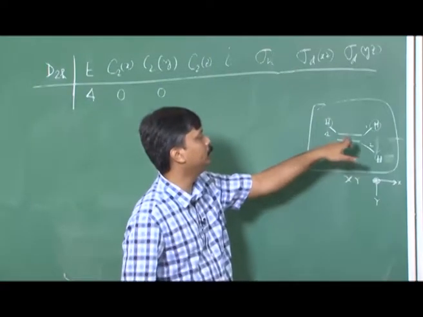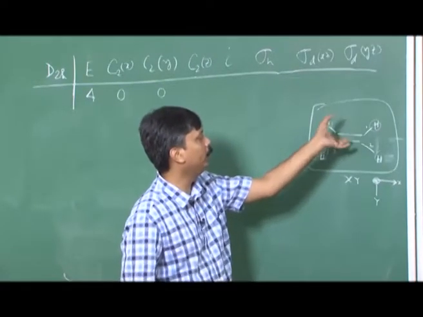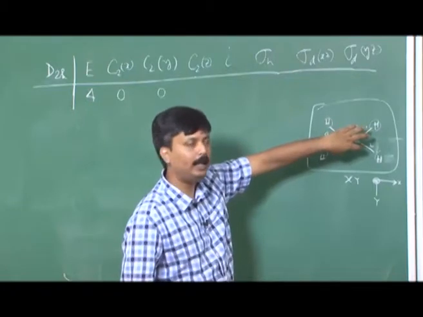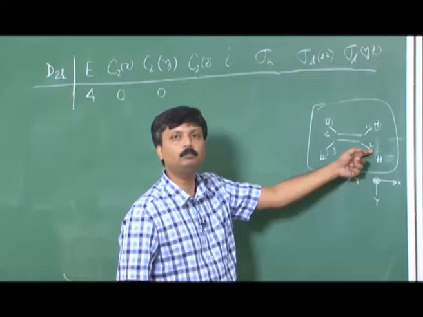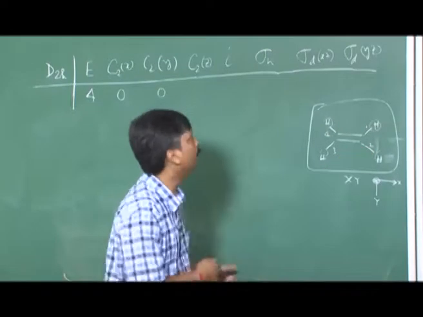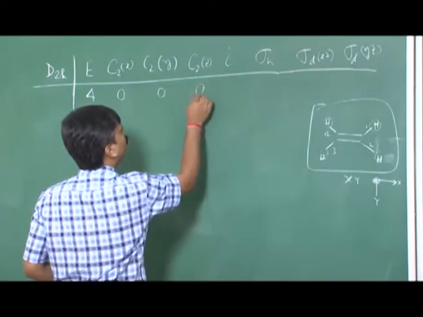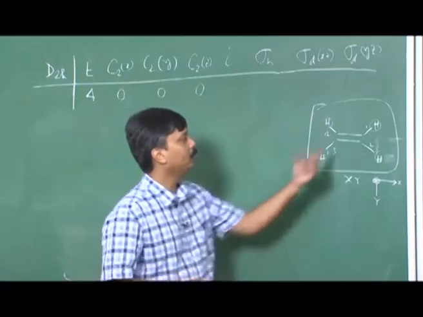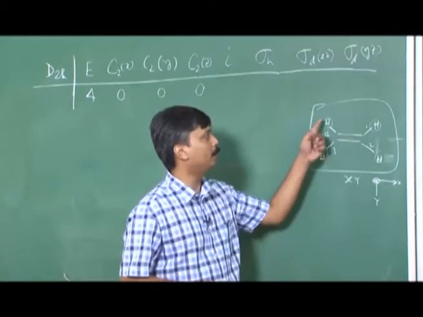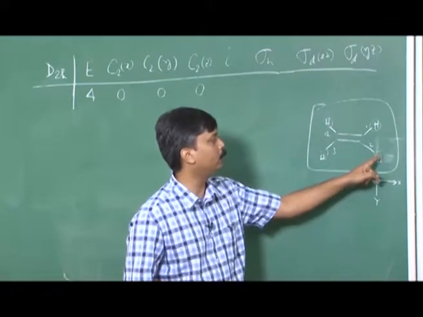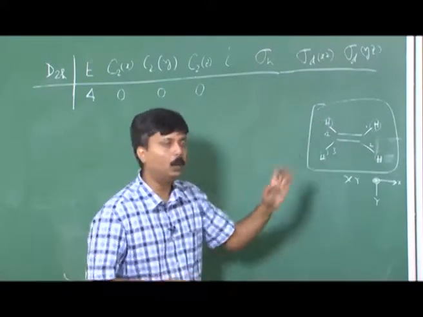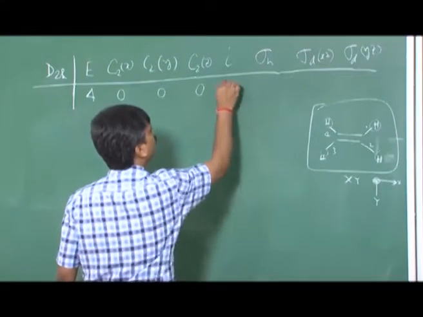And C2z, that also will rotate the molecule 180 degrees about the z axis. So none of the basis functions will stay in their place. 1 will come here, 3 will go here, this one will come here and 2 will go here. So there is no unshifted atom, and that will also contribute 0.